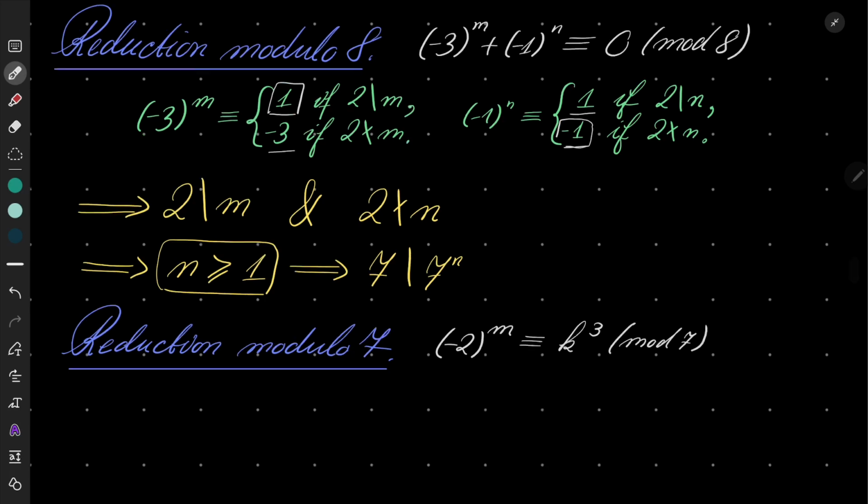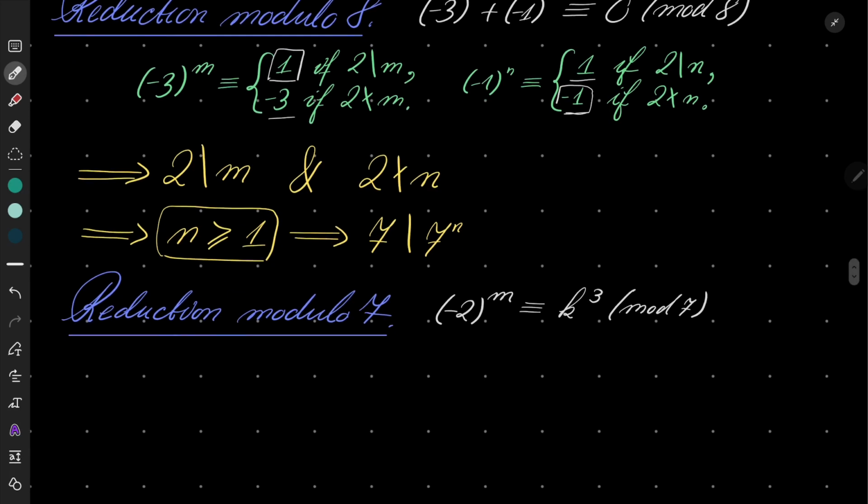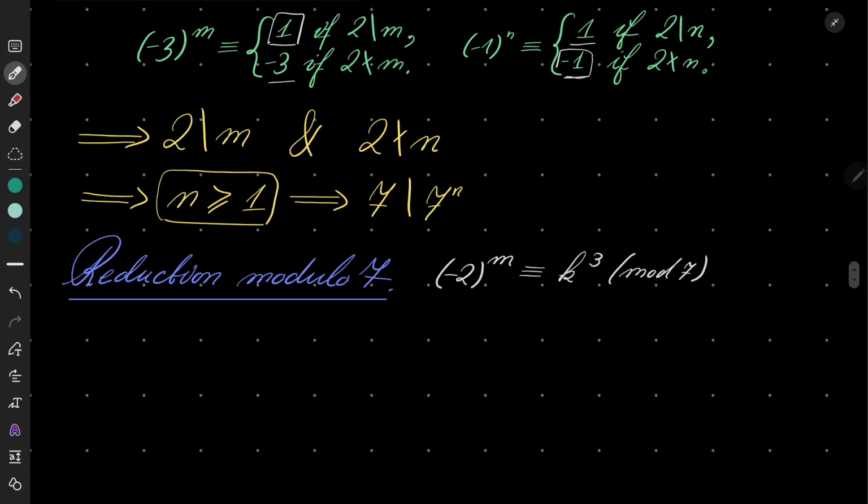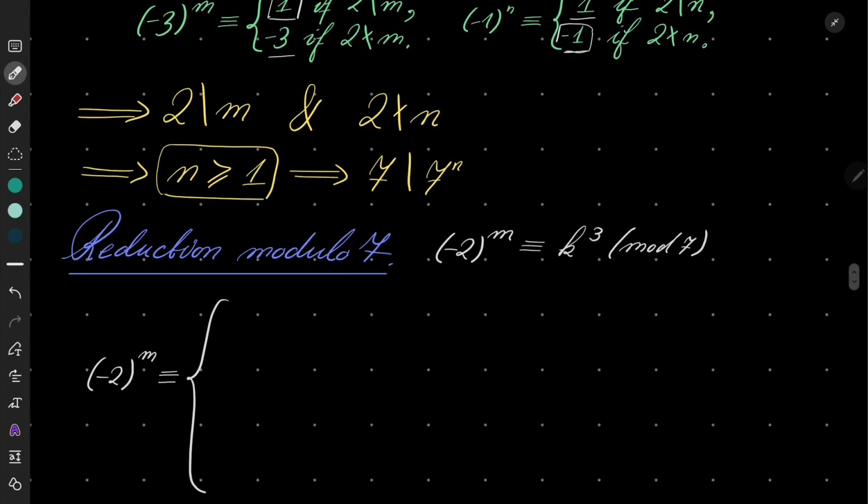And again, let's do the same checking. What are the possible residues on the left and on the right hand side? Well, it's pretty easy to see that -2 to the power of m is congruent to one of the following 6 numbers.